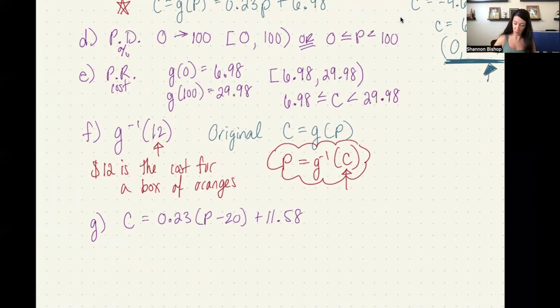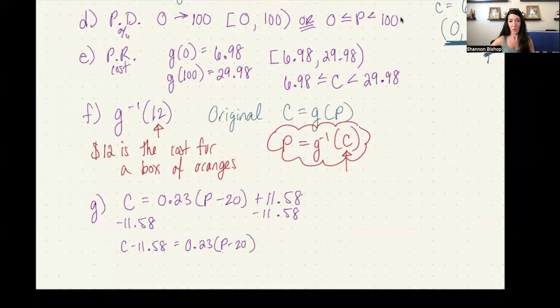So in this case, in order to inverse every operation, I'm going to subtract 11.58. And remember, inverse formulas are just that. They're formulas. So you're not going to actually be able to compute this numerically. You're just going to represent it algebraically. So it'll say C minus 11.58 equals the 0.23 P minus 20.